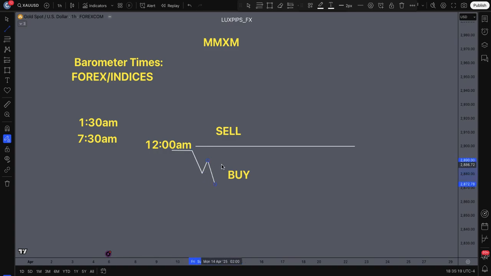Most people would be selling right here, which you don't really want to do, knowing the barometer time. Once you wait for it to hit some type of POI, then you can buy. Now we're above 12 a.m., right? So let's say there's another POI up here, looking for sells.